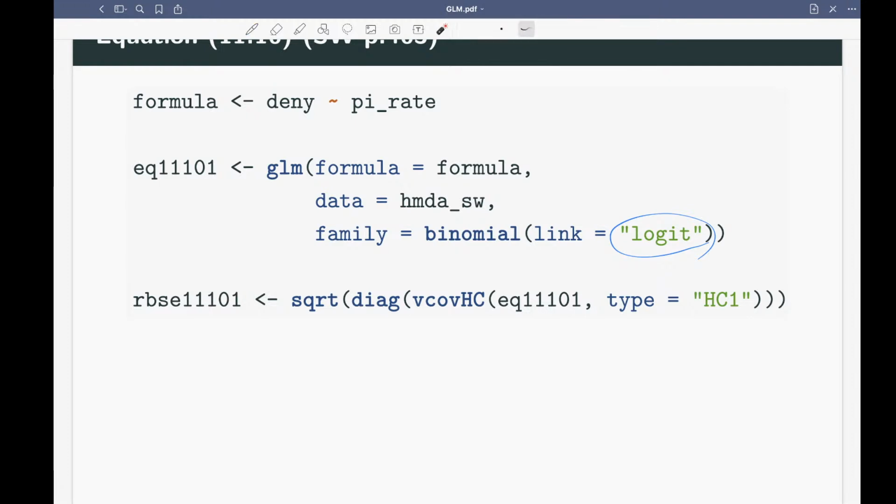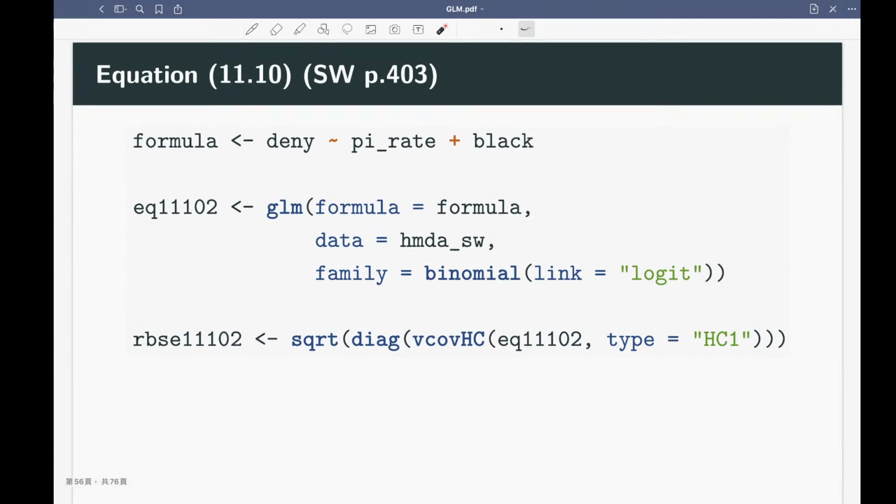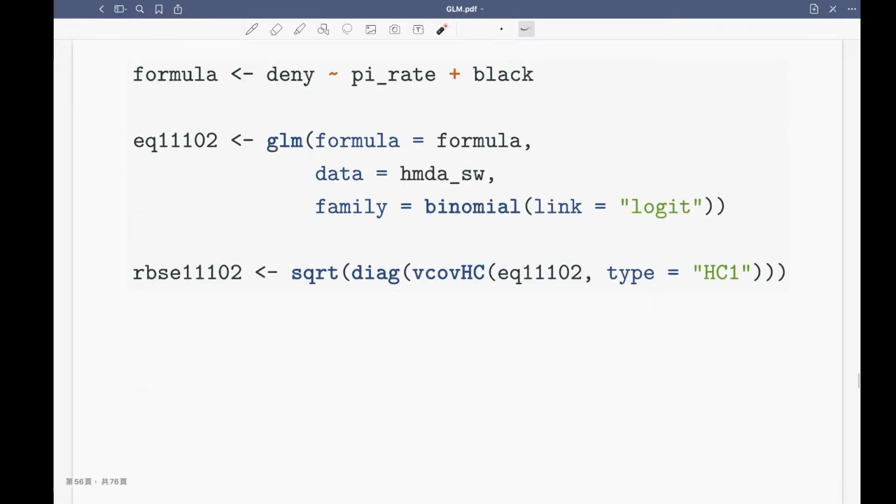We also use the VCOV to calculate the robust standard error. Next, we also run the two regressors model, PI ratio and black, with the Logit link and robust standard error.